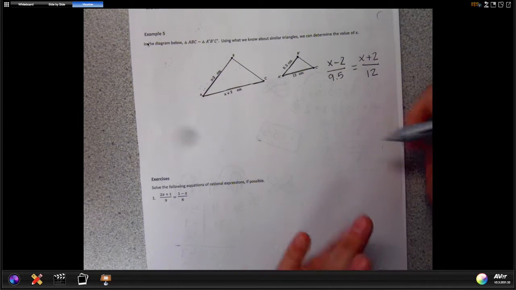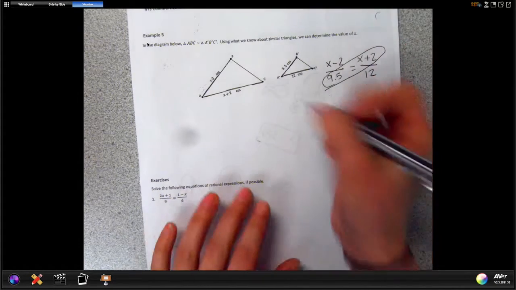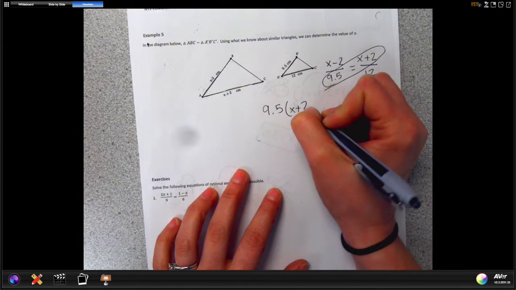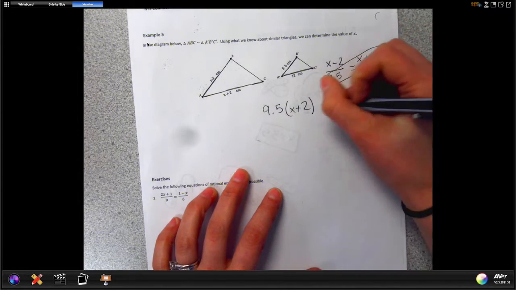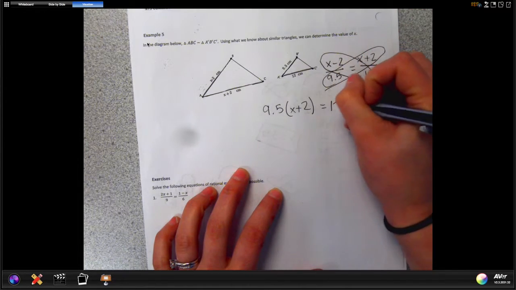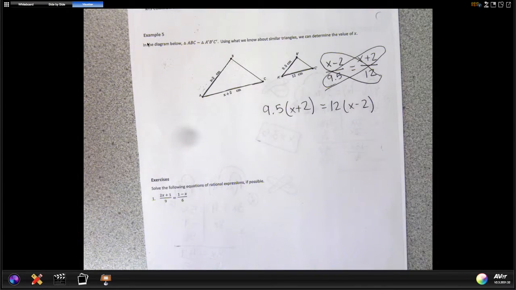So I'm going to start this time by doing 9.5 times x plus 2. And then I'm going to do on the other side of the equation 12 times x minus 2. And I'm going to solve this as I solved all of the previous ones.